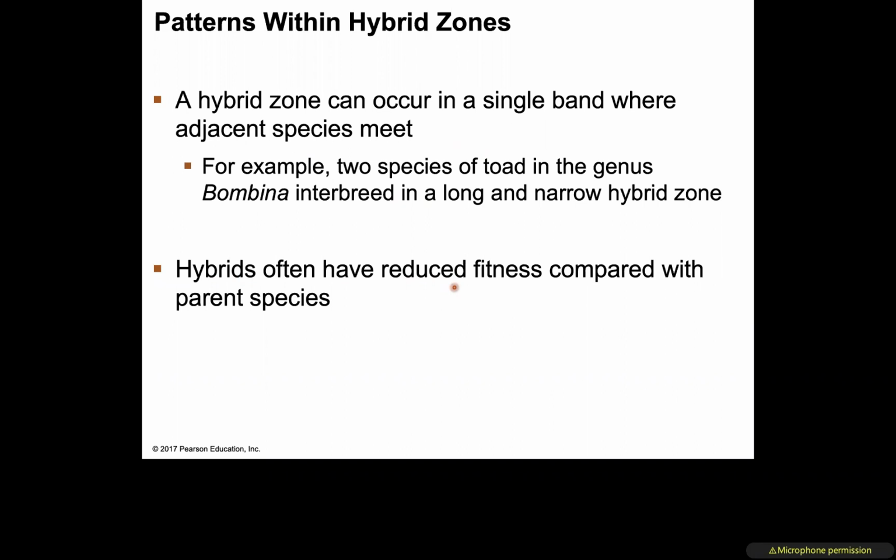They have a reduced fitness because, like I was telling you before, they have instincts for one way, and they also have instincts for another way, or you might find that due to their physiology, their morphology, they maybe should have long legs, but turns out they have short legs.